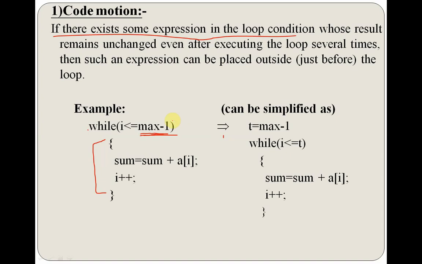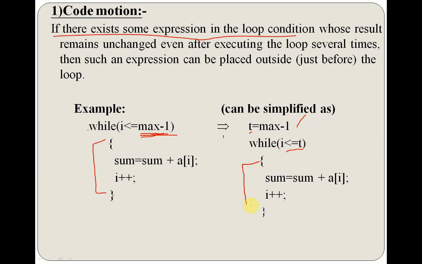So this program code can be simplified as t equal to max minus 1. That expression whose value remains unchanged is moved outside, just before the loop: t equal to max minus 1. This t value will be used during the condition. So while I is less than or equal to t, execute the loop body.